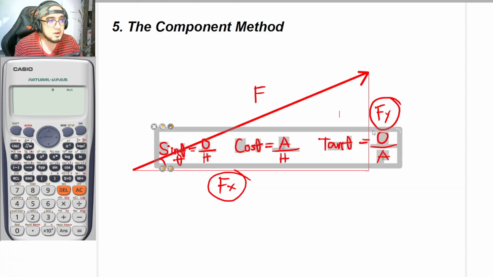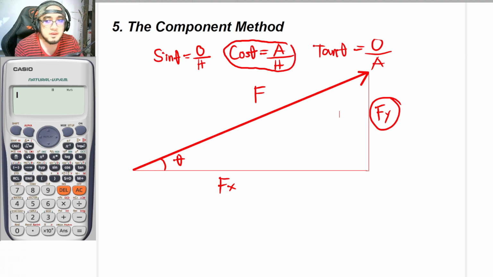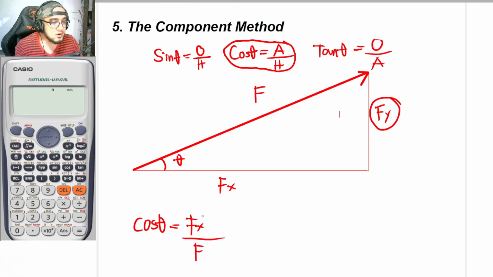So using these trigonometric functions once again, I will just move them to the top for us to have space. We can say that for your Fx, let's make use of this function here, because Fx is your adjacent. So cosine theta is equal to Fx, the adjacent side, divided by the hypotenuse, so divided by F. Cross multiplying, you would result in the equation Fx is equal to F cosine theta.